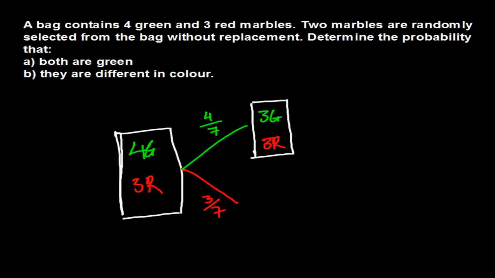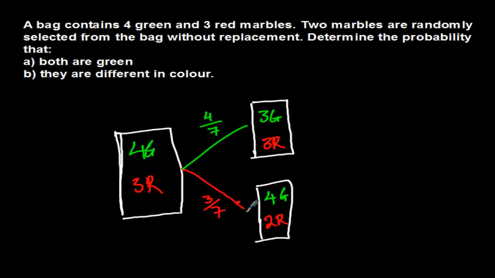And assuming that we picked red first, the number of reds will reduce to 2, but the number of greens will not reduce, remain 4. Now that is the first picking.